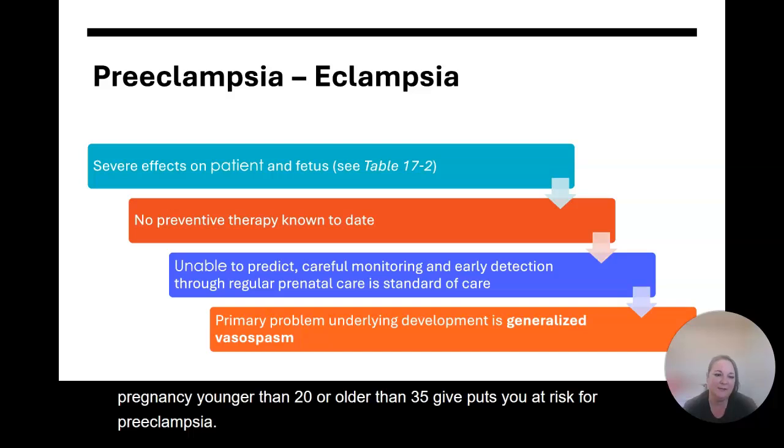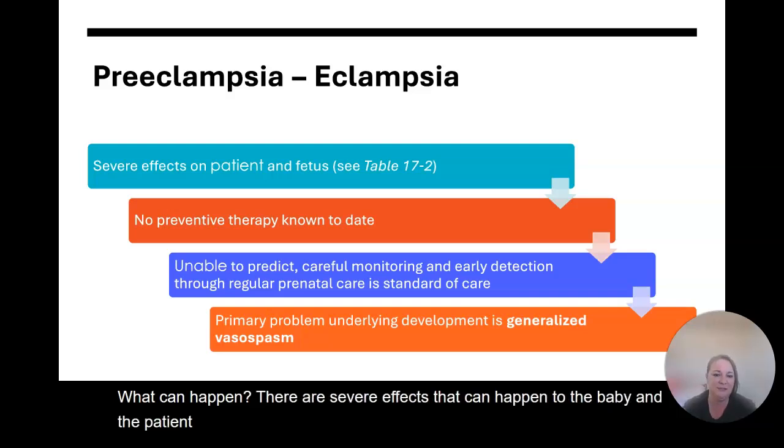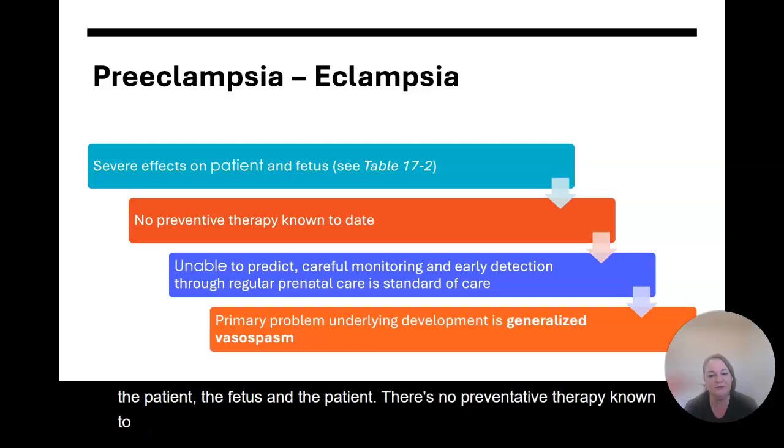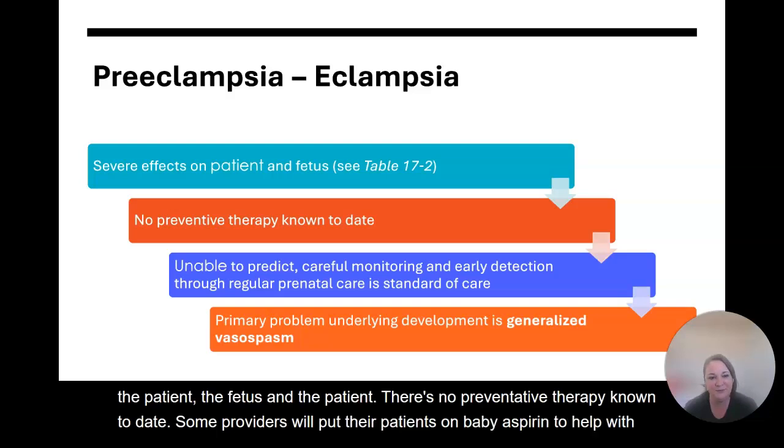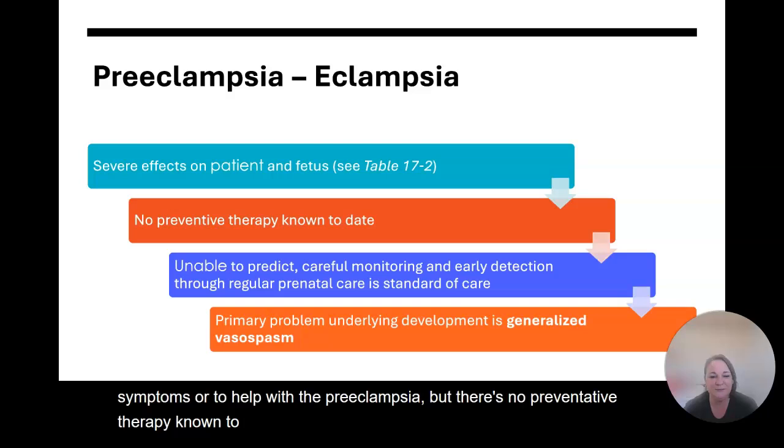What can happen? There are severe effects that can happen to the baby and the patient, the fetus and the patient. There's no preventative therapy known to date. Some providers will put their patients on baby aspirin to help with symptoms or to help with the preeclampsia, but there's no preventative therapy known to date. It's unable to predict.